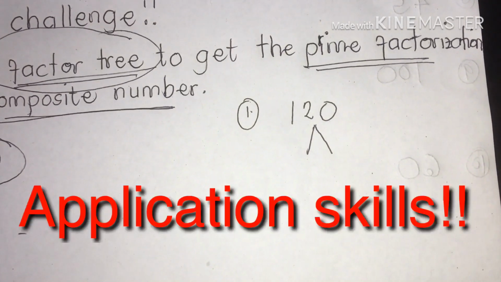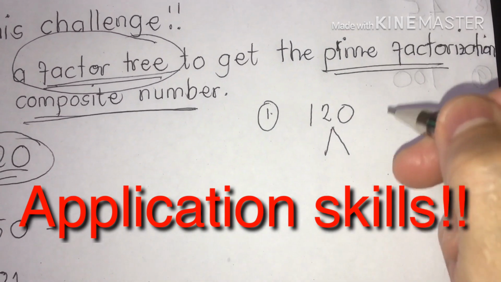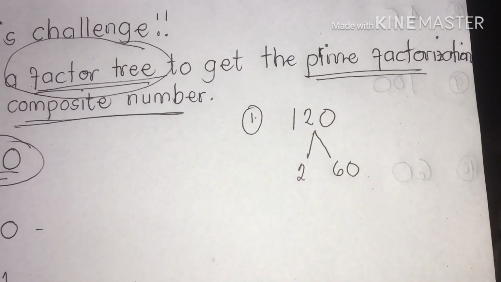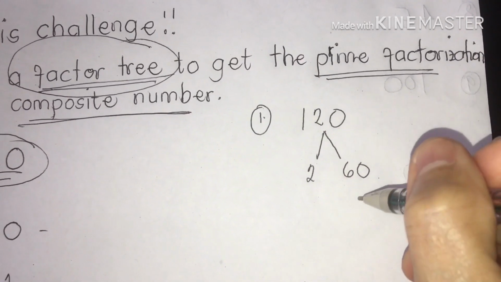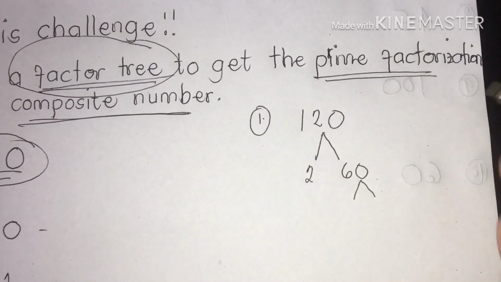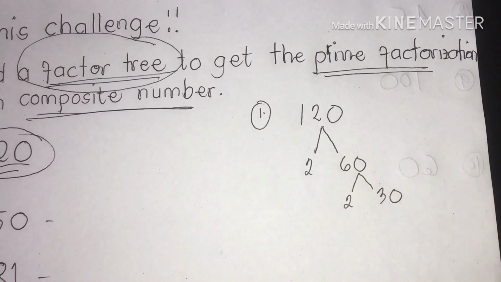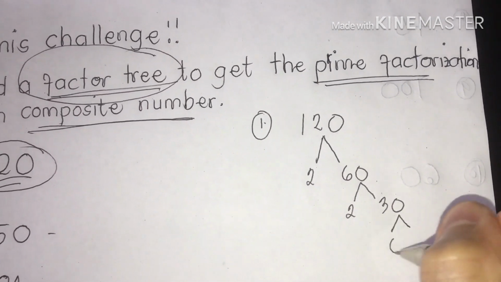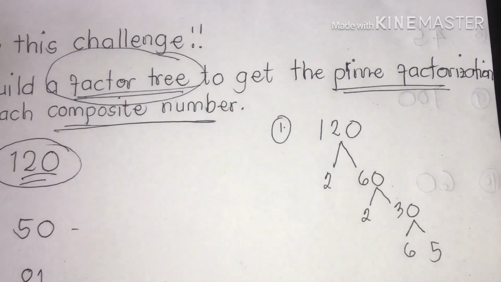We think of the right factors in multiplying to 120. 2 times 60. When we multiply it, that is 120. Next, we factor 60: 2 times 30. Next, class, factor 30: 6 times 5. And that is the tree method.